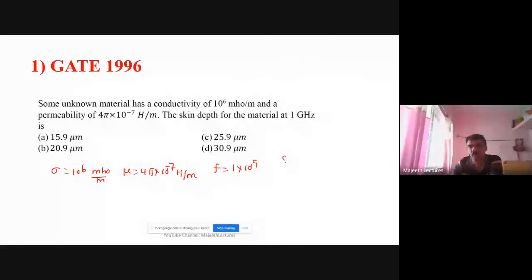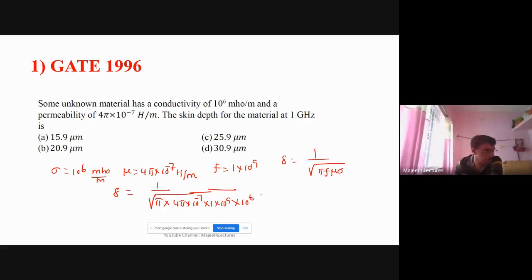Skin depth delta is equal to 1 by root of pi f mu sigma. Mu is 4 pi into 10 power minus 7, f is equal to 1 into 10 power 9, sigma is 10 power 6. If you simplify, what you get is 15.9 micrometer. Right? Simple problem.